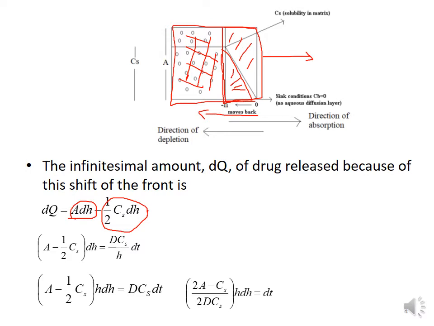According also to Fick's first law, dQ equals diffusion coefficient multiplied by solubility divided by h and multiplied by dt. This is just a rearrangement of the equation, which will be integrated later to obtain the relationship between the boundary that forms between the drug and the empty matrix h, and the time.